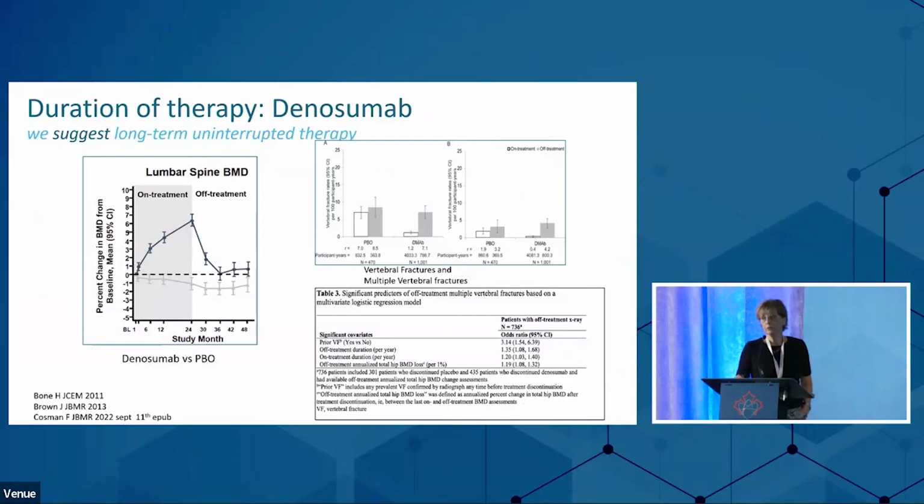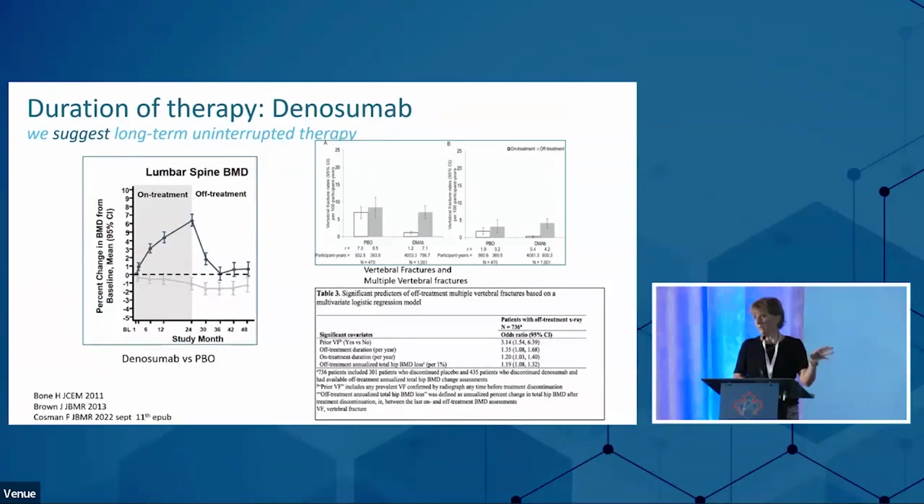Now, in those who take denosumab, which is a potent anti-resorptive, the problem is that once you stop the denosumab, your bone density gains, as you can see on the left-hand side, will go down very rapidly. You lose your bone density gains in about a year after stopping the medication.